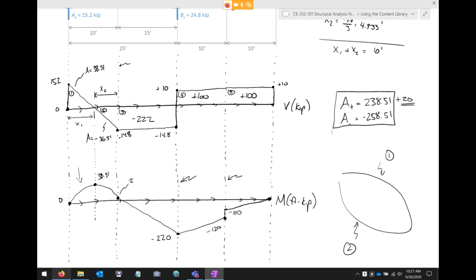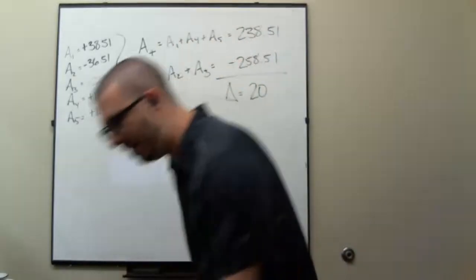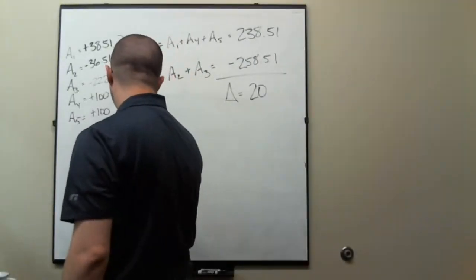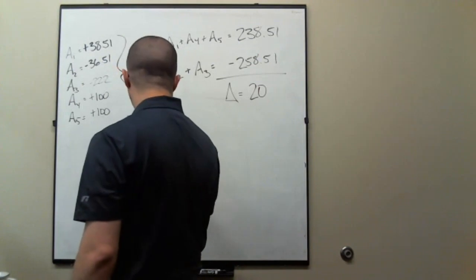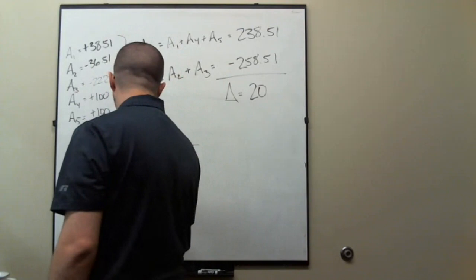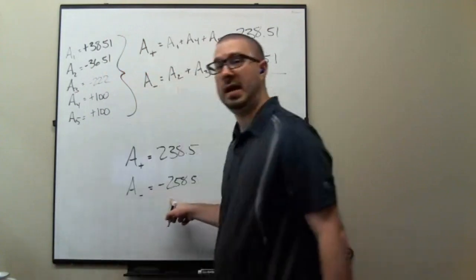So let me pull up my board here. Okay, so we have a positive area of 238.5, let's just do that, and a negative area of negative 258.5.